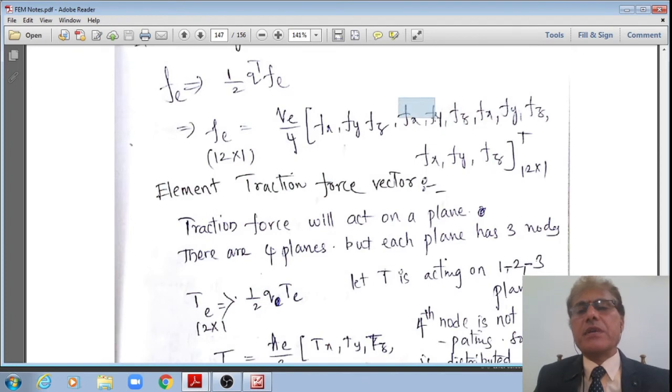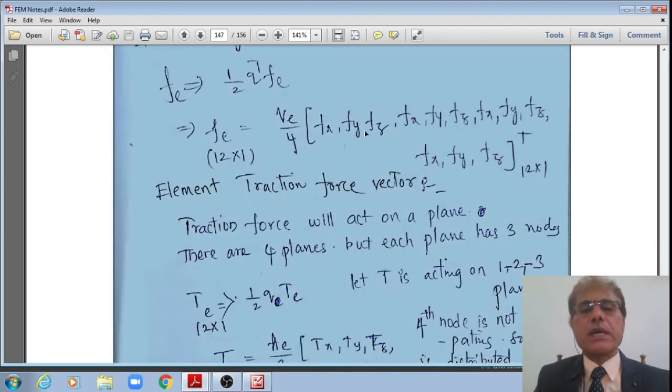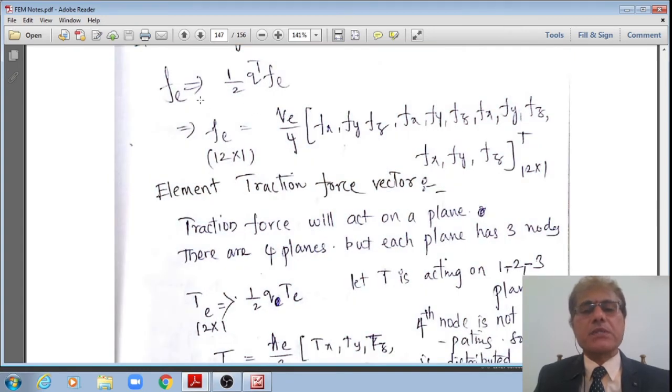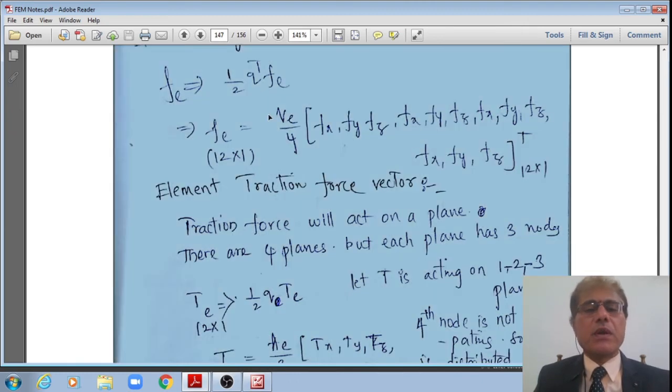In a similar fashion, it will distribute equally to the other 3 nodes. Hence, the element body force vector is now given by VE by 4 multiplied by Fx Fy Fz, Fx Fy Fz, Fx Fy Fz, Fx Fy Fz transpose, which is a 12 by 1 vector.